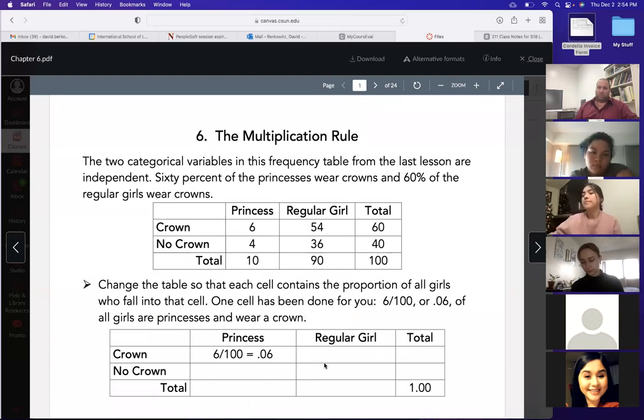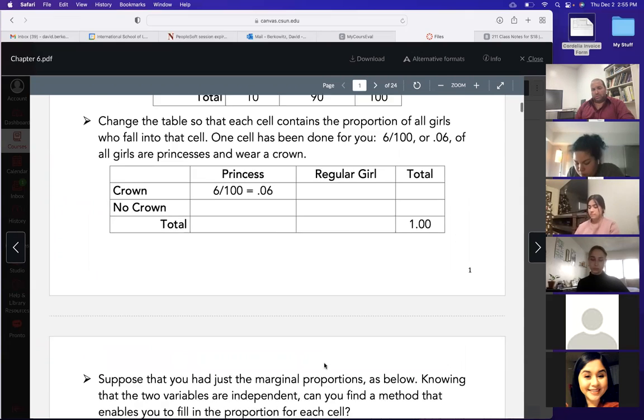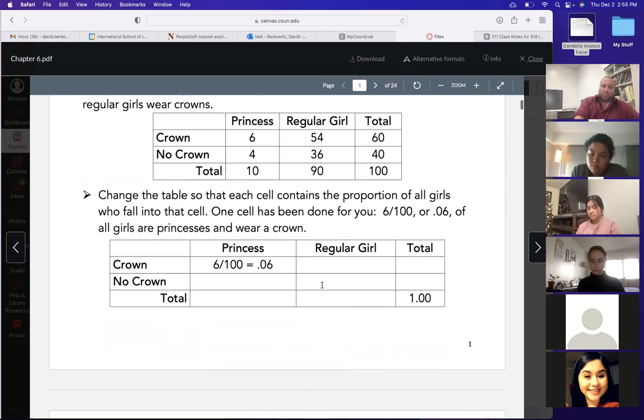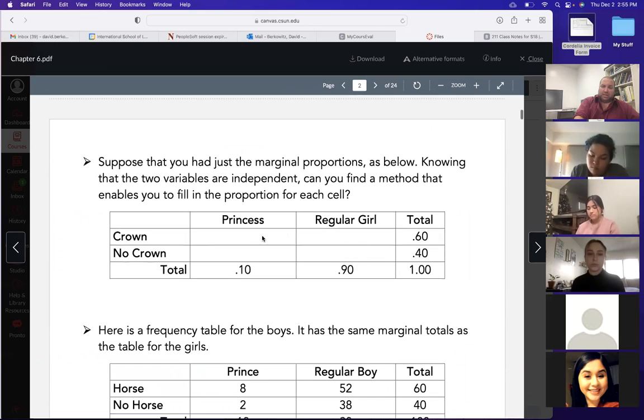So we've done the addition rule, and now we are moving on to the multiplication rule. If you recall, for independent events, the multiplication rule was a way of determining likelihoods of the inner cells of your table from knowledge of the marginal cells.